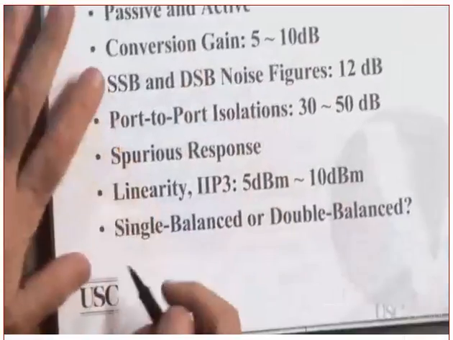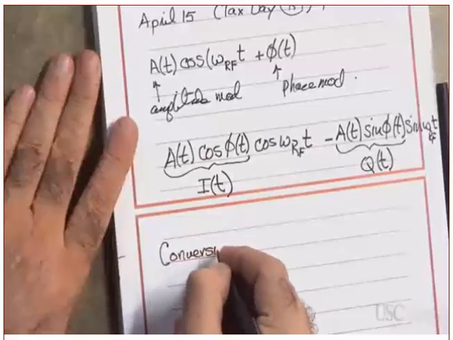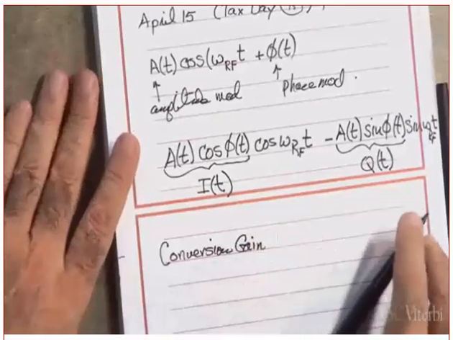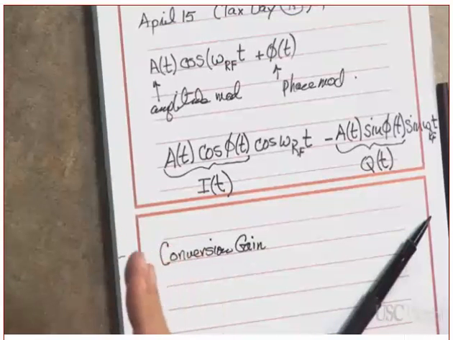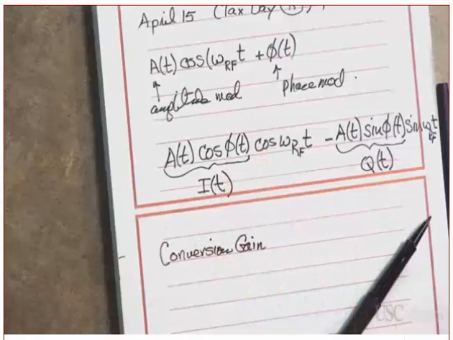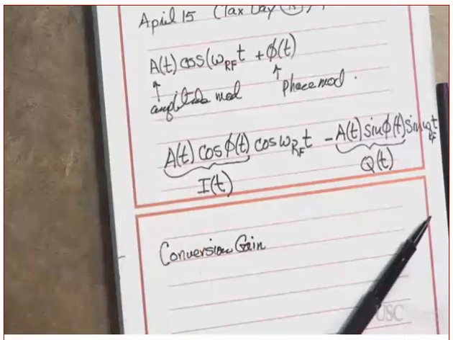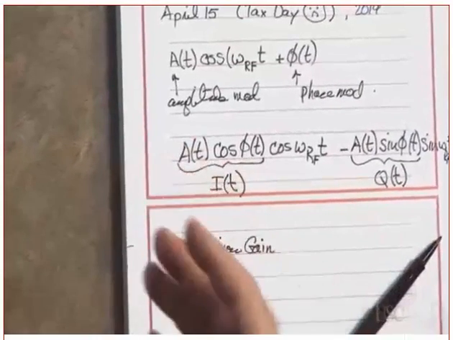How do we define the conversion gain? Now, be careful when you read the specifications for mixers. Sometimes the conversion gain is given as a ratio of voltages, which means it's a voltage gain. Or they are given in terms of power. But you can see the difference between one and the other.